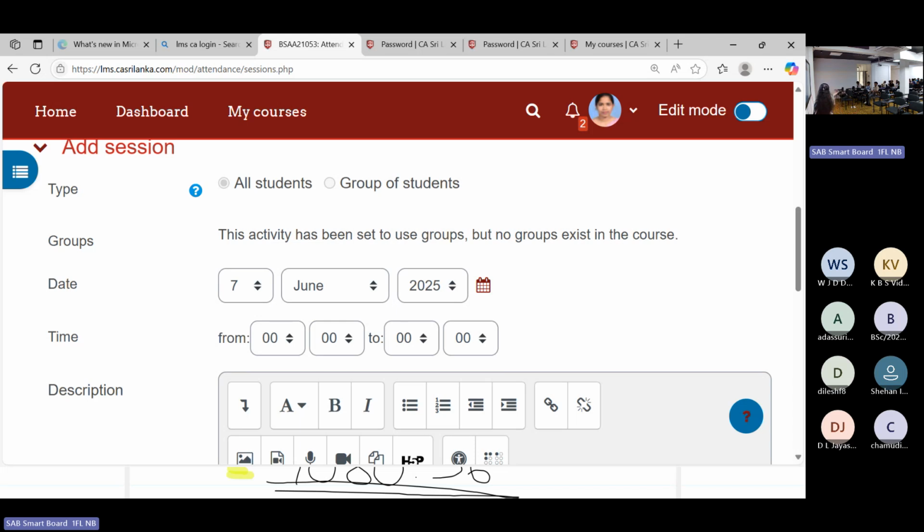Those who want to have the break can go outside and scan the QR. Otherwise, those who are staying here can scan the QR. No issues.